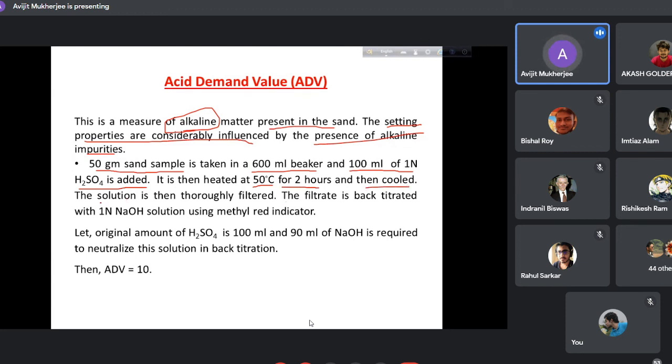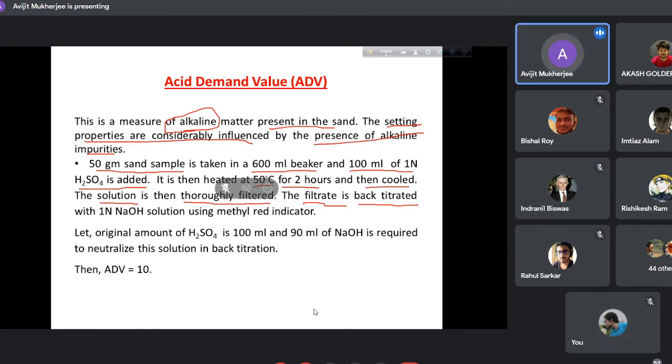The solution is then thoroughly filtered. Now this filtrate is back titrated. So that is a method of titration in chemical engineering or chemistry. These titrations, etc., are conducted. All of you might have this knowledge from your class 12 level. Titration, you know.